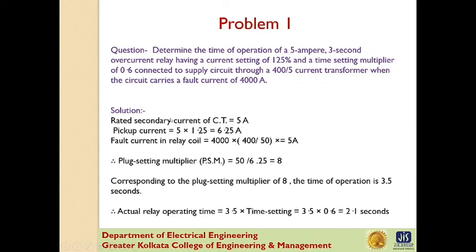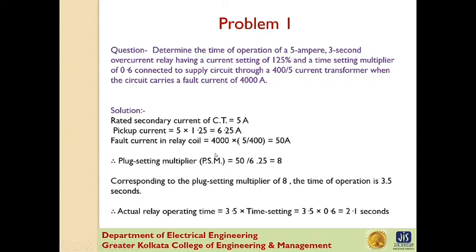The rated secondary current is 5 ampere. Pickup current is rated secondary current of CT into current setting, that is 5 into 1.25, so we get the pickup current 6.25 ampere.